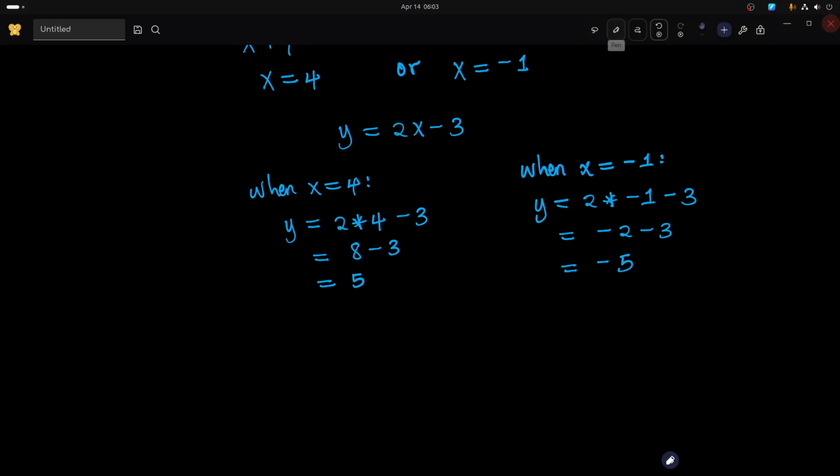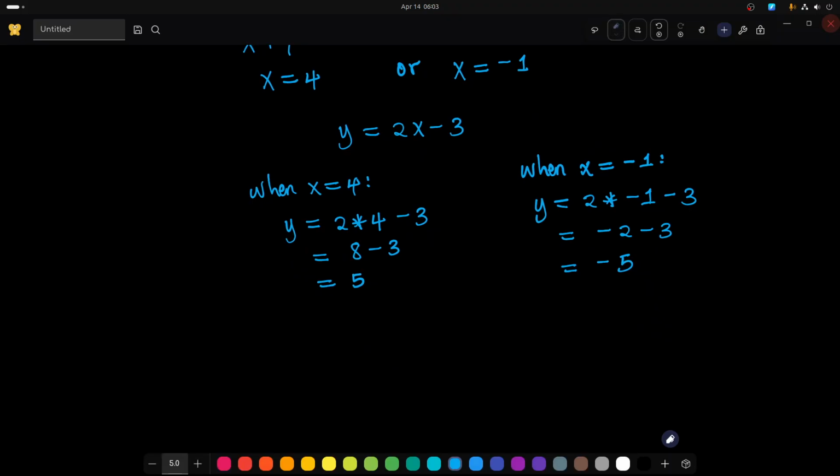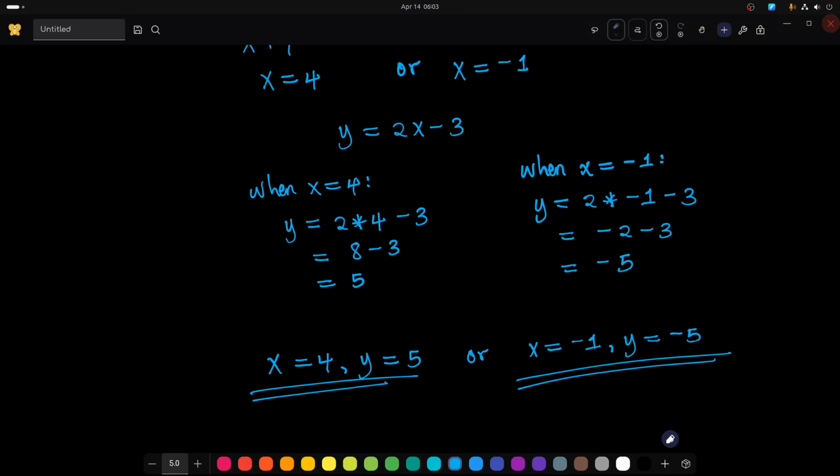So the solutions for this question are going to be x is equal to 4 when y is equal to 5, or x is equal to negative 1 when y is equal to negative 5. So those are the two solutions for this question.